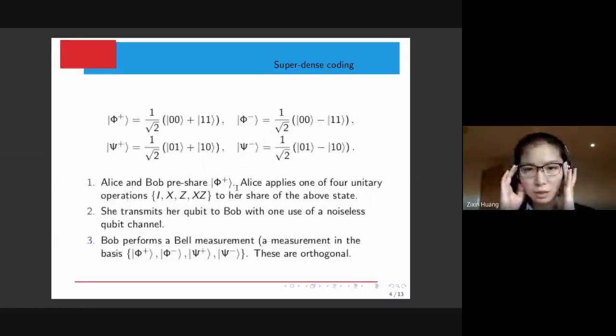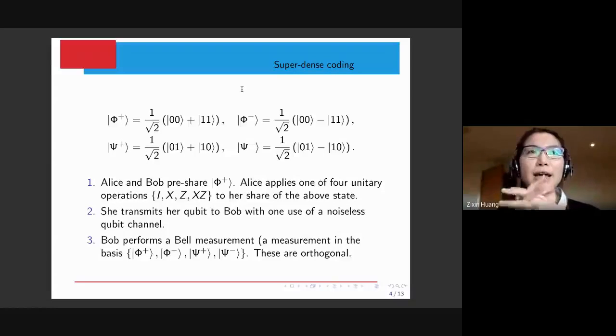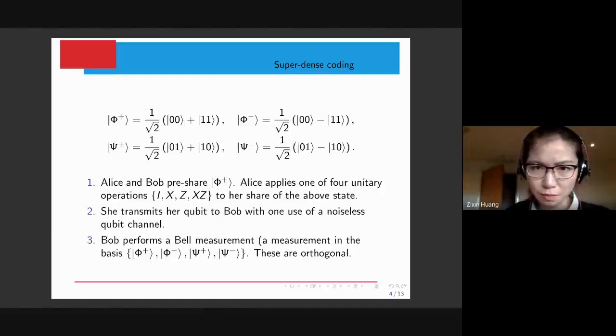So now the protocol for teleportation, not teleportation, for superdense coding, as we were discussing before, is that Alice wants to send a single quantum state to Bob, i.e. 1 qubit, but she's able to send 2 classical bits after Bob receives her qubit. So the protocol is as follows.